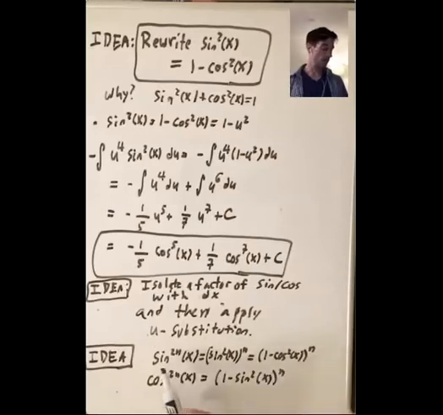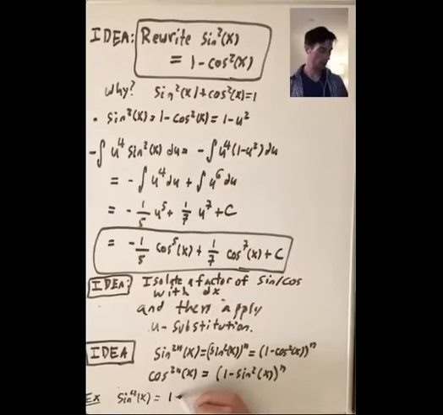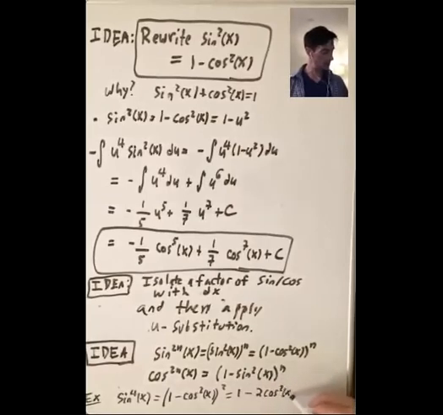For example, what is sine to the 4th x? This is 1 minus cosine squared x squared, which is 1 minus 2 cosine squared x plus cosine to the 4th x.